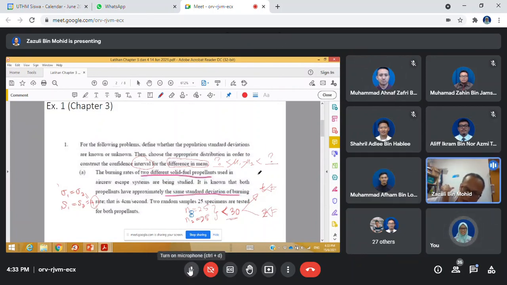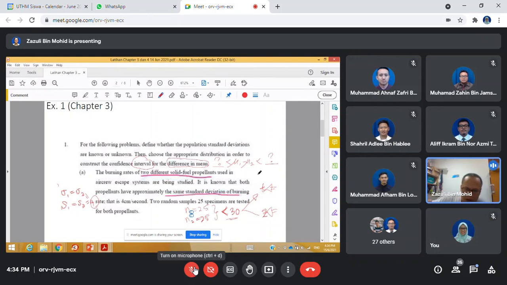Cuba tengok daripada perkataan tu, let's see from the sentences, find the words, the keywords that you can say that it is a sample standard deviation. Okay, the value given, which is 4, is the value for sample standard deviation.